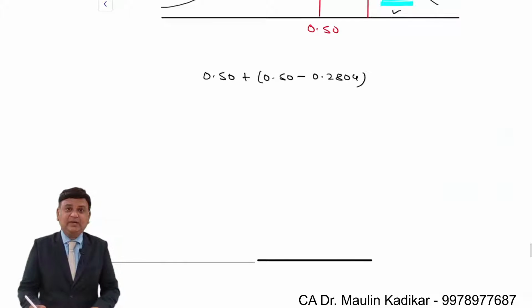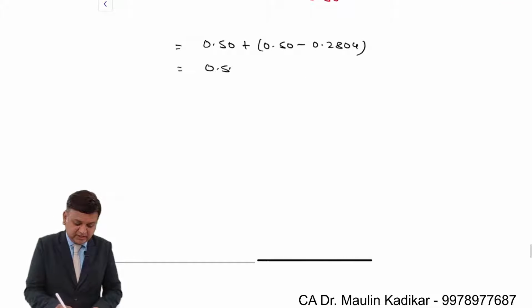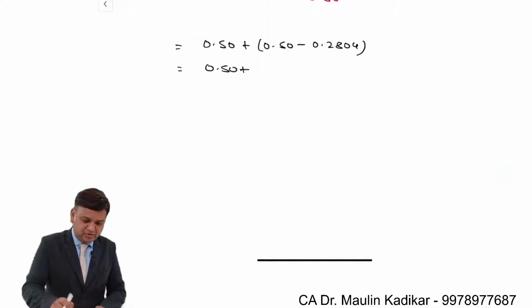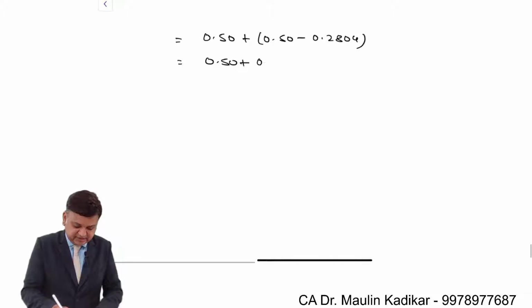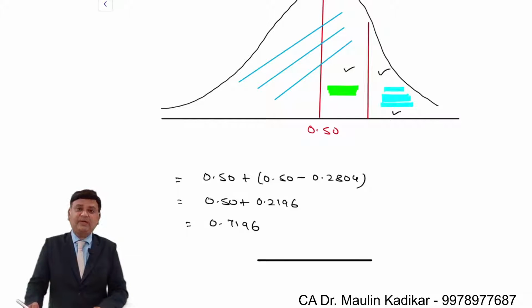So this reading will be deducted from 0.5 to know the reading of the area in which you are interested. So it is 0.5 minus 0.2804, which is 0.2196, and the final answer will be 0.7196. This is the way we will have the answer.